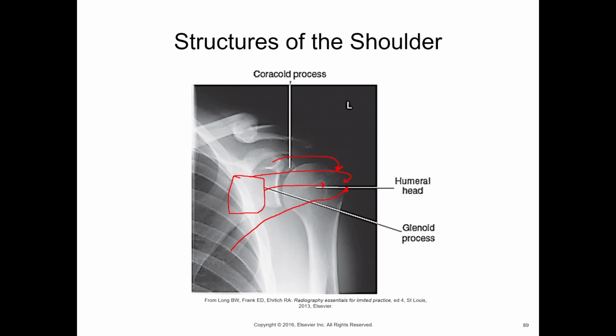Any of these can get injured, but the most common one to be injured is your supraspinatus, typically related to overuse injuries, but it's incredibly common to happen in elderly individuals. In fact, statistically almost 60% of people over the age of 65 have a rotator cuff injury.